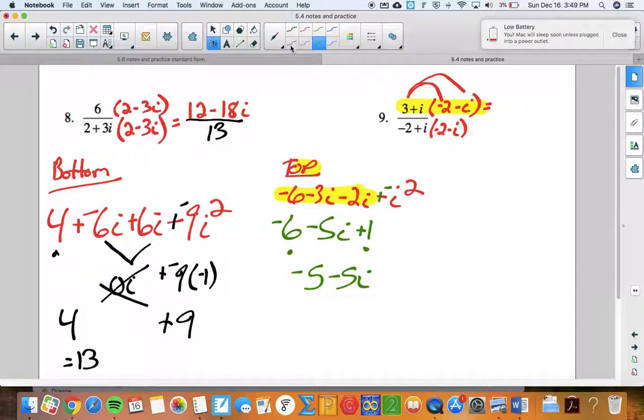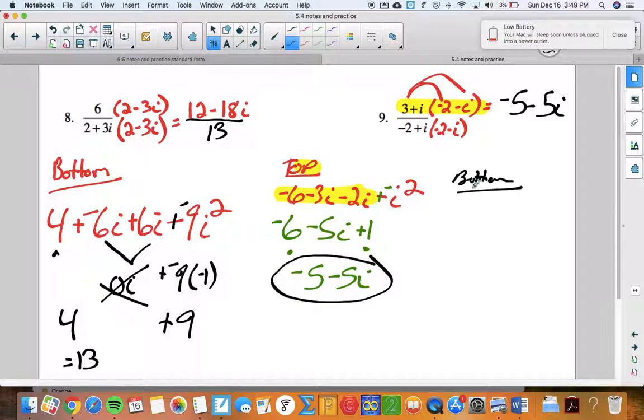So that's the top. I'm going to circle that, but I'm not done. In fact, maybe I'll write that over here. Negative 5 minus 5i. On the bottom, we've got negative 2. I'm going to write this out, which makes the distribution a little more clear, with less chance of making a mistake.